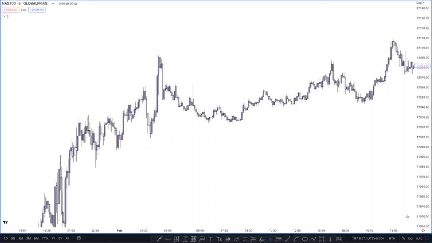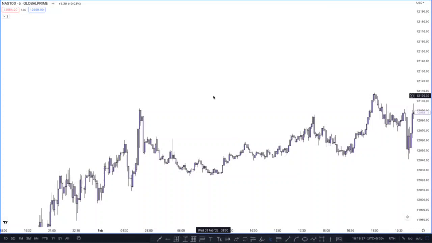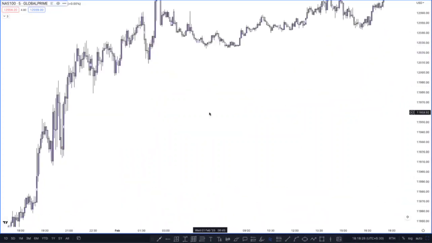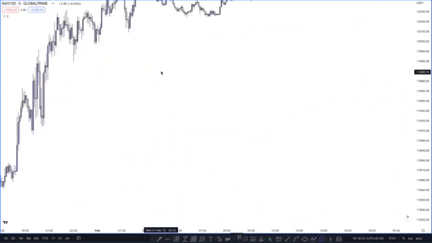When we take entry without inducement: when the market sweeps the previous high or low, then we don't need to wait for the inducement. For example, this one is a supply zone, correct? And this one is a lower time frame structure, and this structure sweeps here.